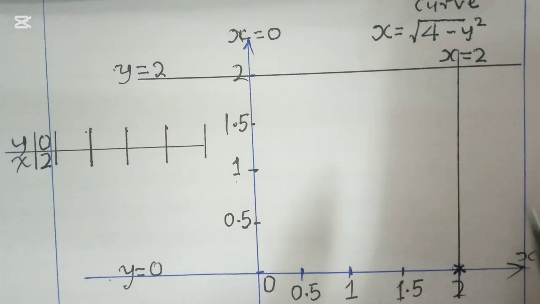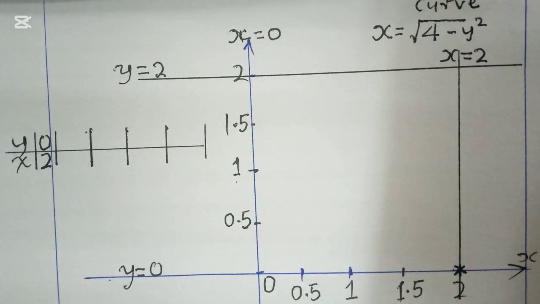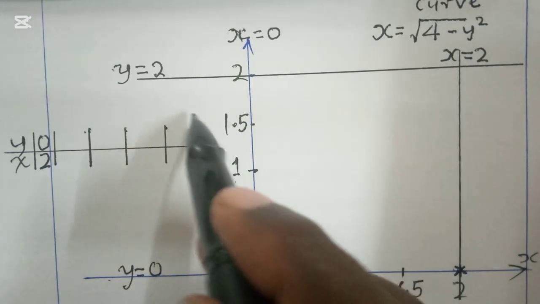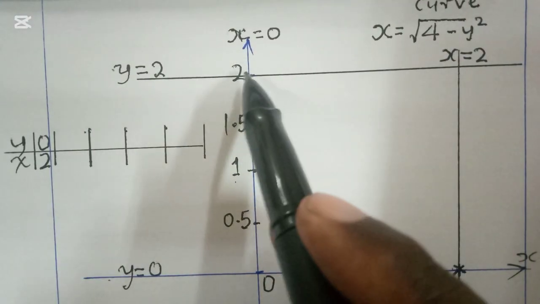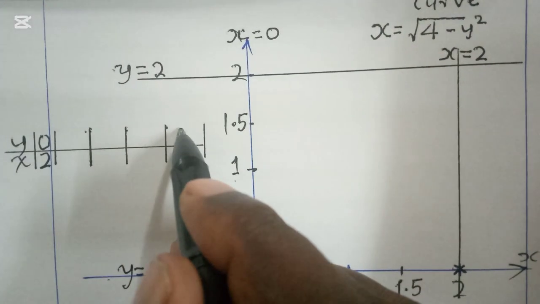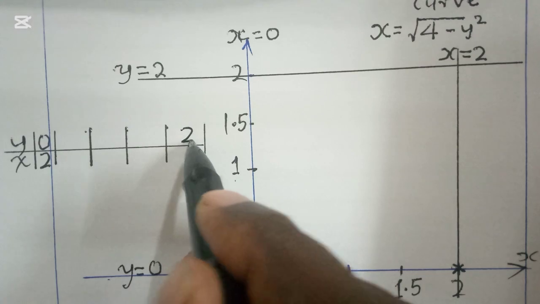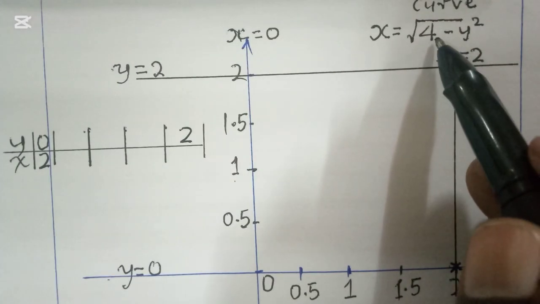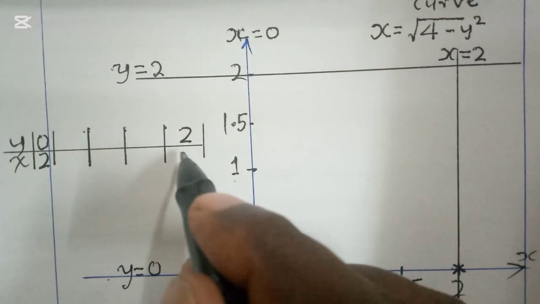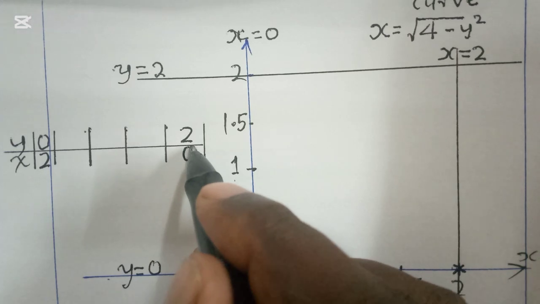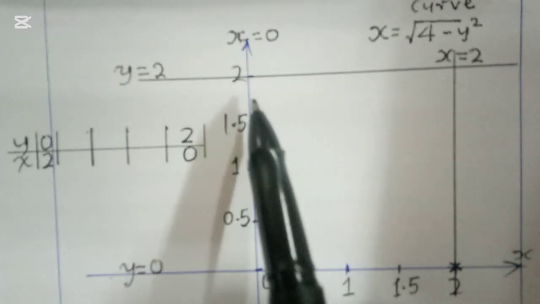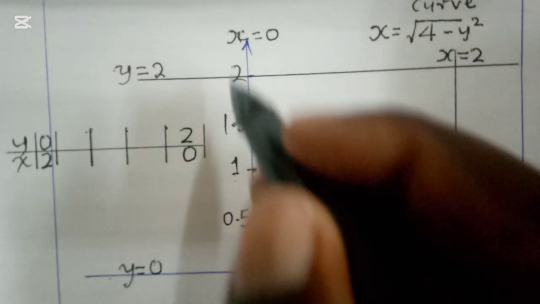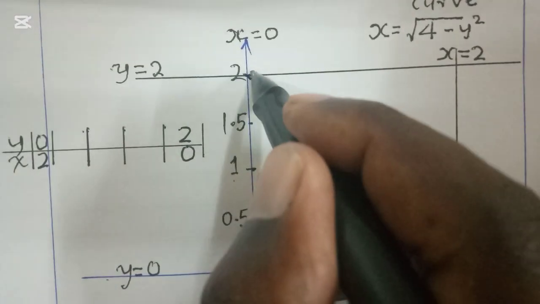For the lowest point, we put y equals 2, and x is going to be 0. So this is the lowest point.